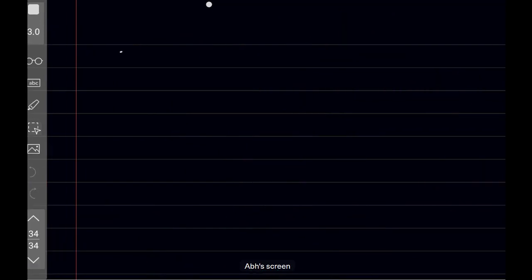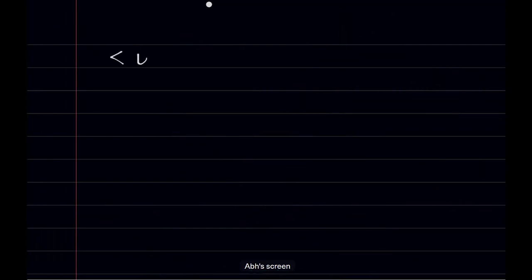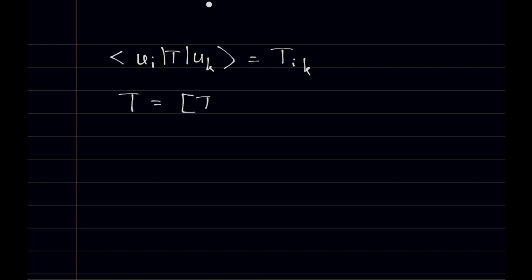So whenever I say that ui t uk is tik, it means that t has now taken the form of a matrix whose elements are t11, t12, t21, t22 if you are working in 2D.